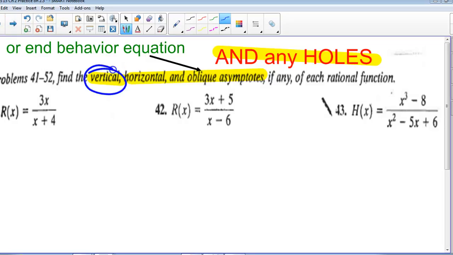You have to find vertical asymptotes and holes, but you also have to find the end behavior, whether that is a horizontal asymptote or some crazy function that you get from doing synthetic or long division. You with me here? You do not have to graph any of these. Okay? All right, any questions about that worksheet?